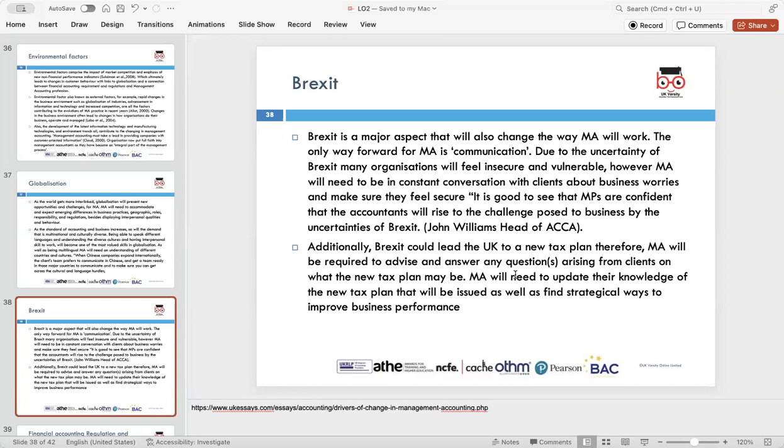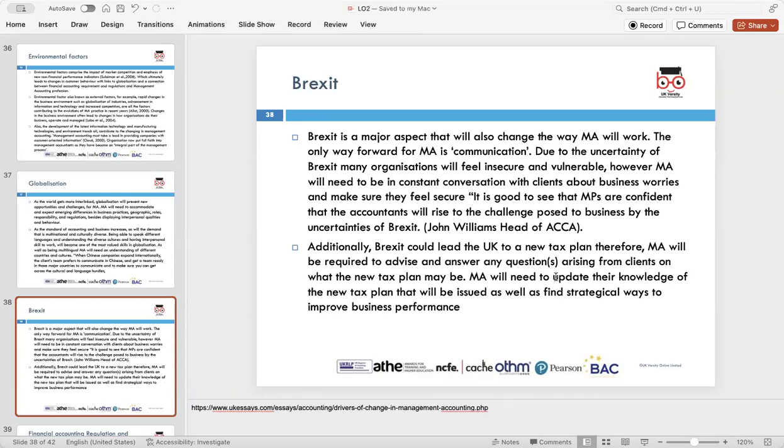Nevertheless, management accountants will need to maintain a continuous dialogue with clients regarding their concerns about their businesses, and ensure that they feel comfortable. It is encouraging to see that members of parliament are convinced that accountants will be able to meet the challenges that the uncertainties brought about by Brexit would provide to businesses.